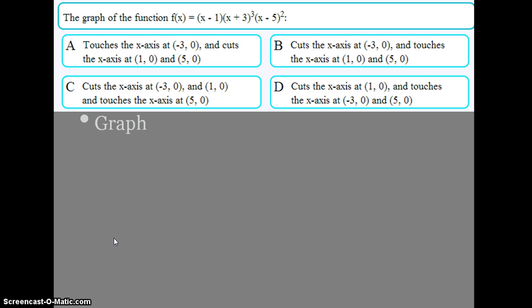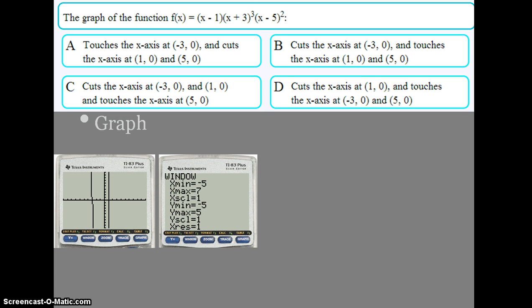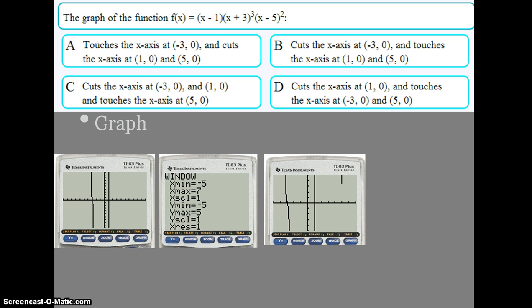So let's go forward. We're going to graph. And when I go to a Zoom 6 screen, I notice that it looks a little different than we're used to. And so I'm going to maybe try to get a different window. And so I reset the window as is shown. Pause if you need to. And then I graphed. And then I see something a little bit odd going on right over here.